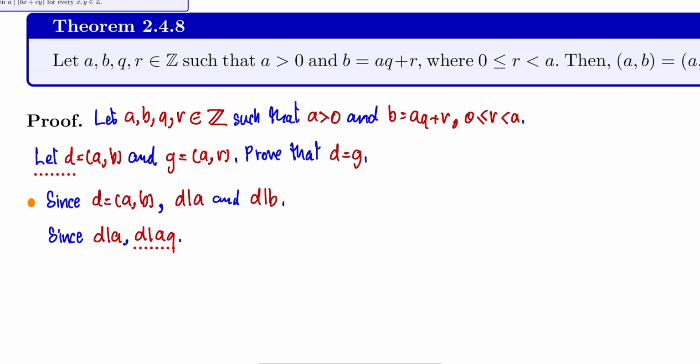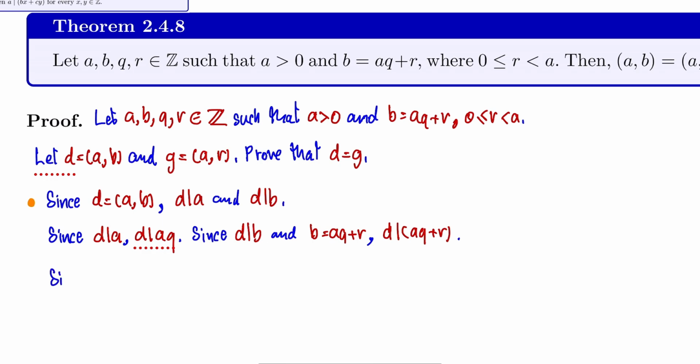Then what do we have next? We have d divides b, and b equals aq plus r. So what do we have here? That means that d divides aq plus r.